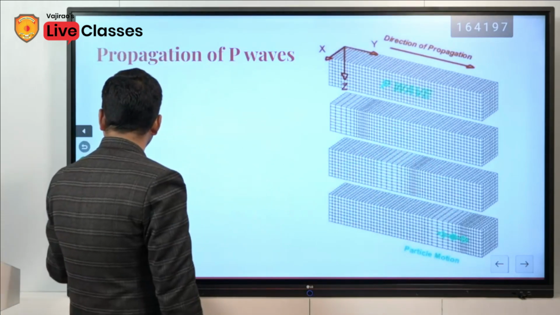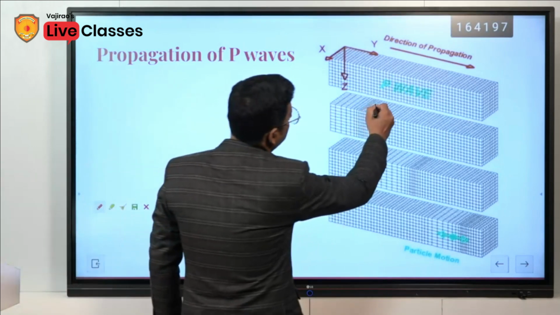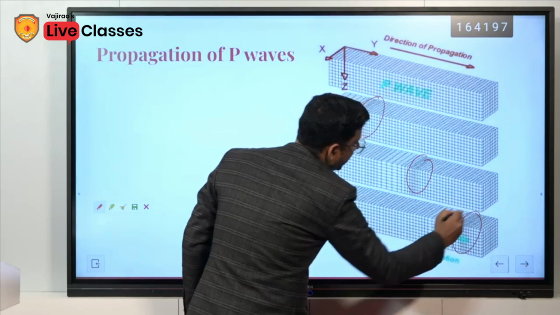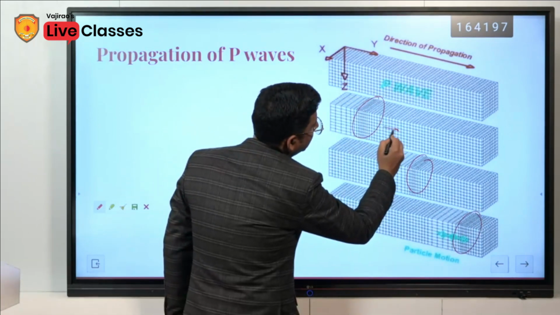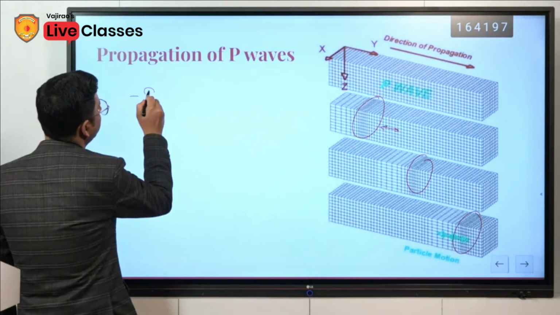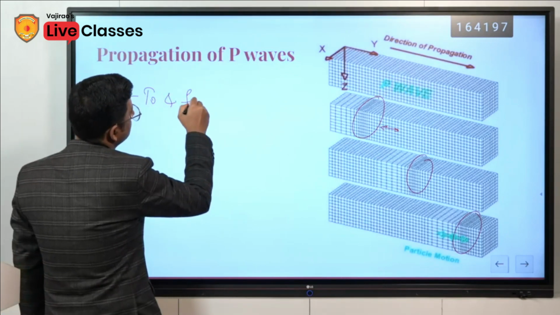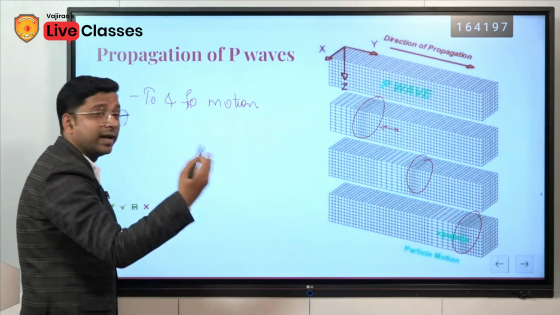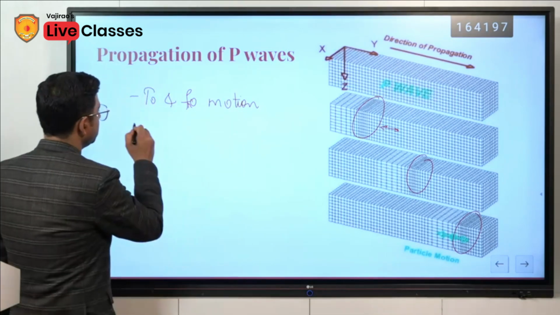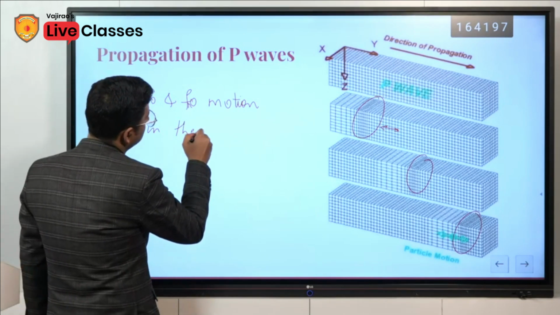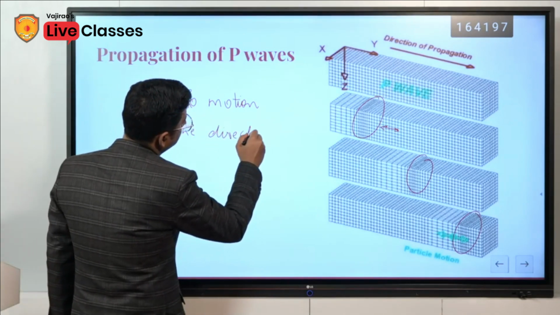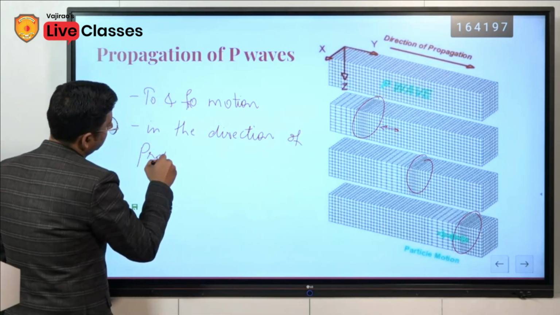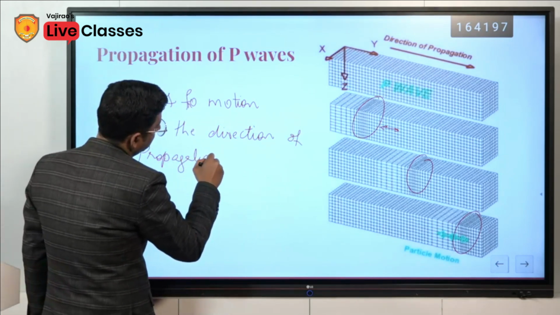In this figure, it is visible that the particles of the wave travel in to and fro motion, in the direction of propagation of the wave.